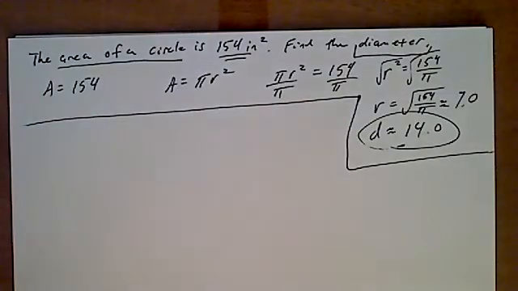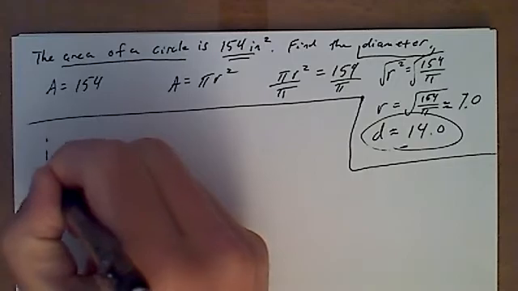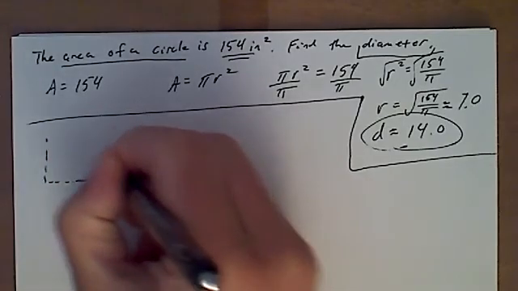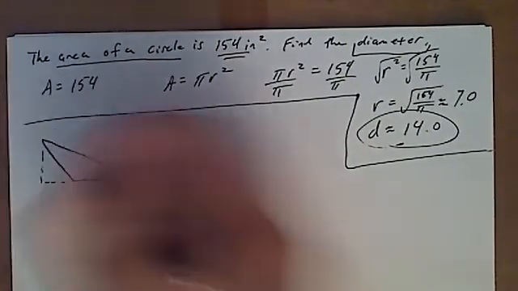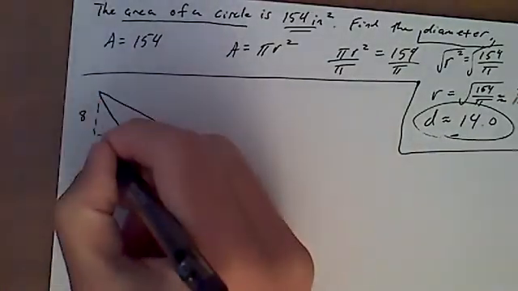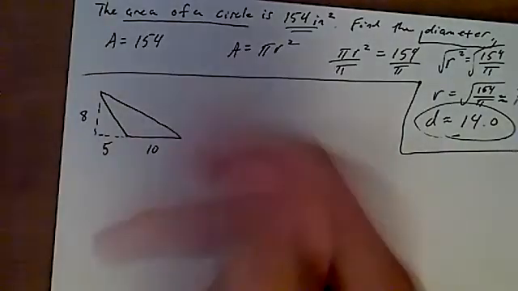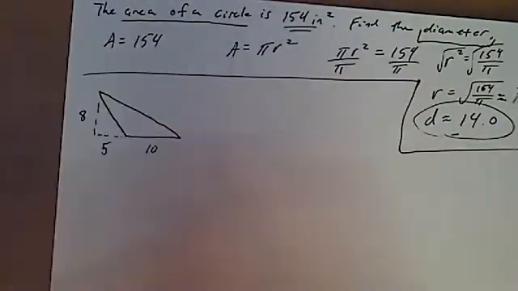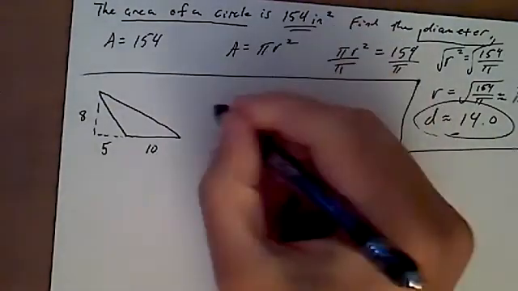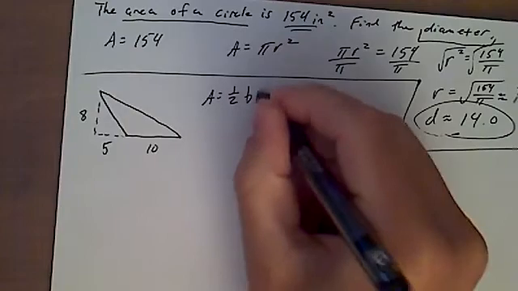All right, the second one, we'll look at the area of a triangle. It'll look probably something a little bit like that. 8, 5, and 10. Pretend that they have units on them, right? You need to know that the area of a triangle is 1/2 the base times the height.